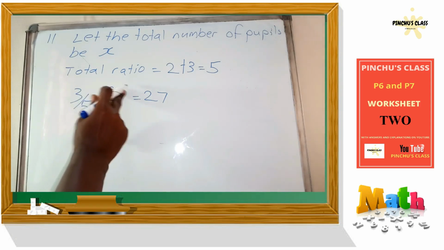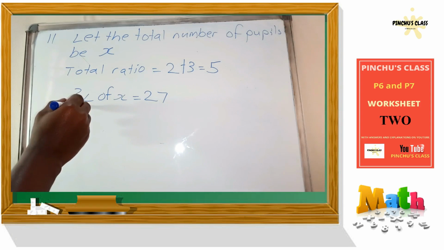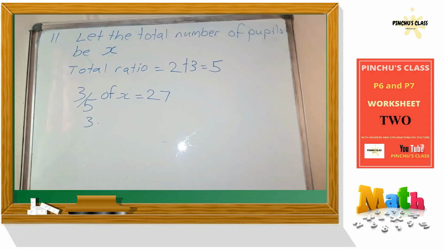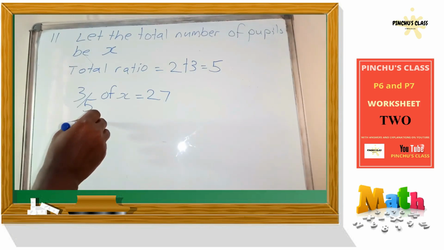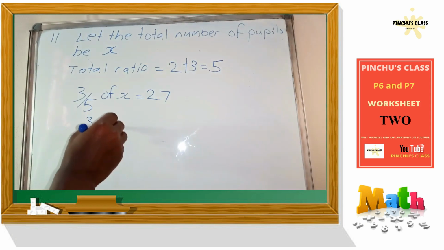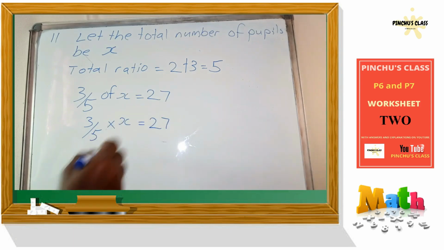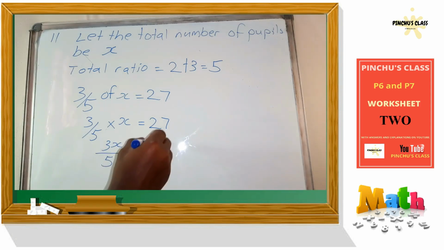Because we don't know the total number, that's why we say this number of this gives us the number of girls. So of means multiplication. So we are going to get 3 out of 5 times x, which gives us 27. So this will be 3x out of 5 is the same as 27.